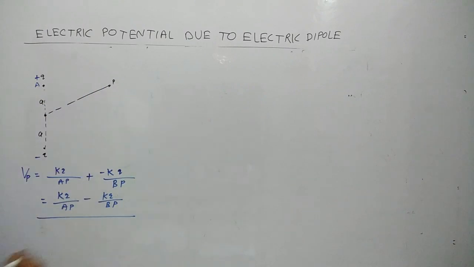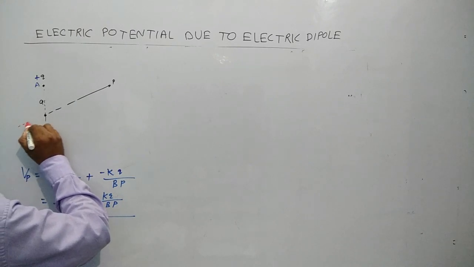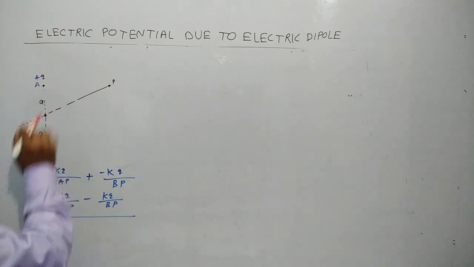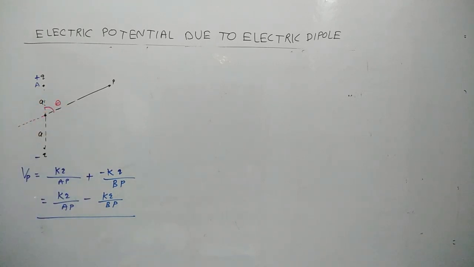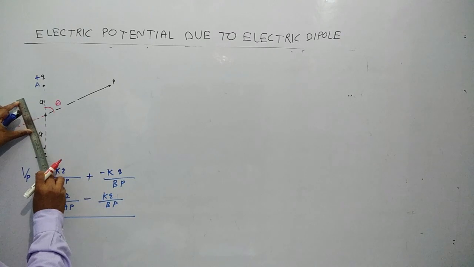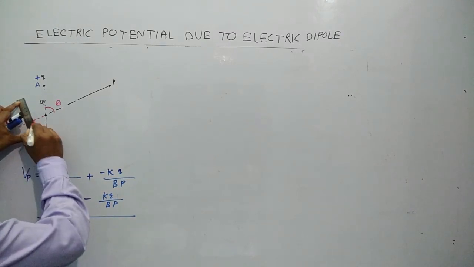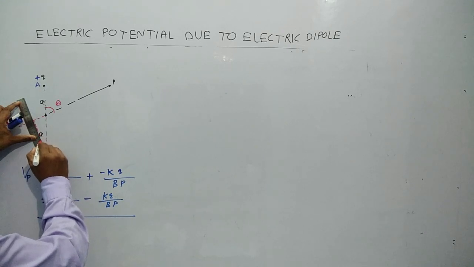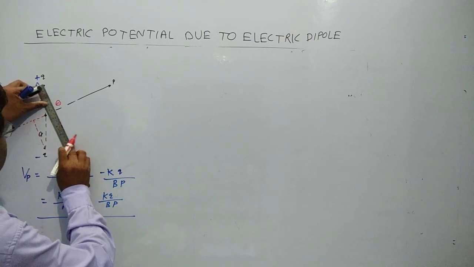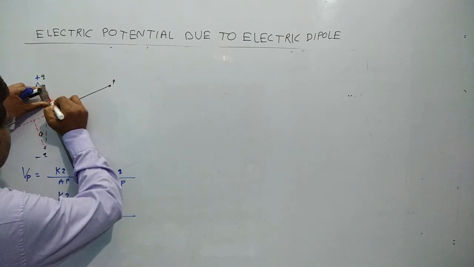But here, for AP, you just extend this line and draw a perpendicular line. You just skip drawing such type of equation. This is the A, and as you know, this is the theta. Then this is the perpendicular distance, and here is also a perpendicular distance.